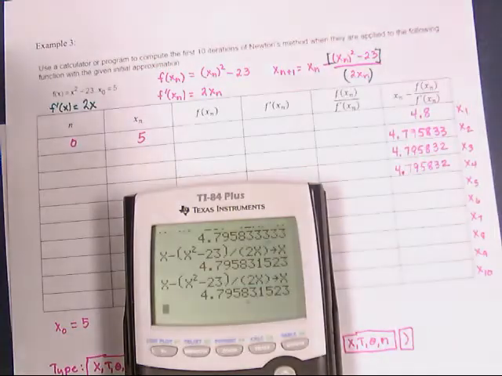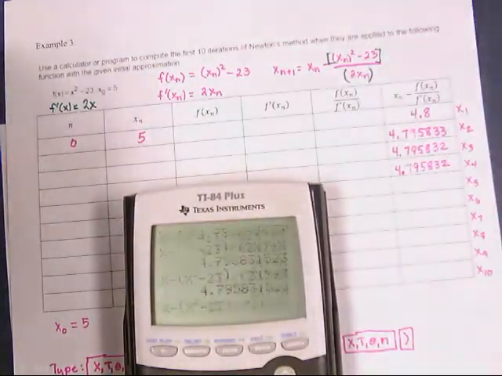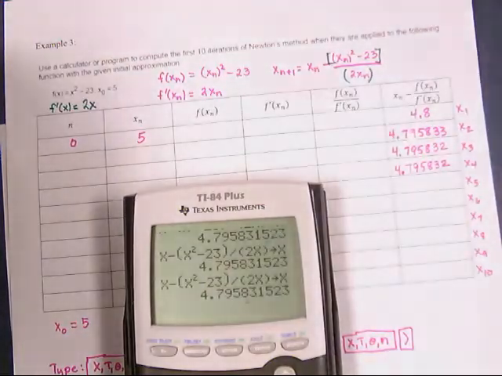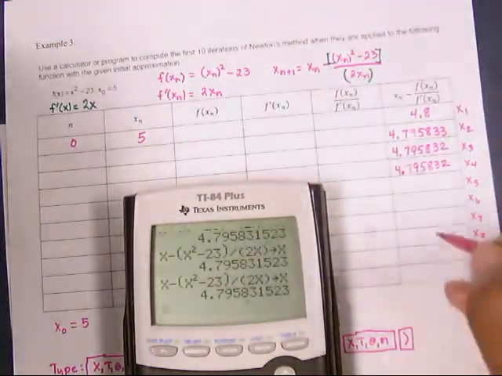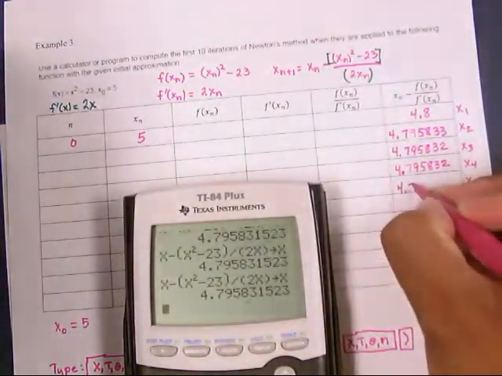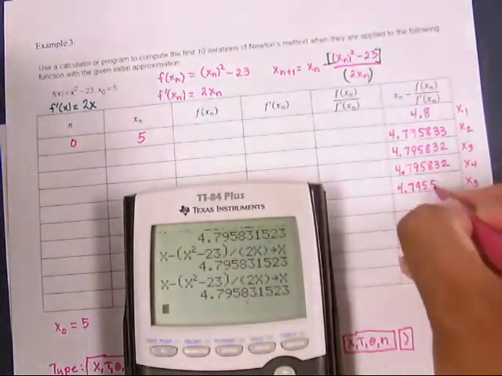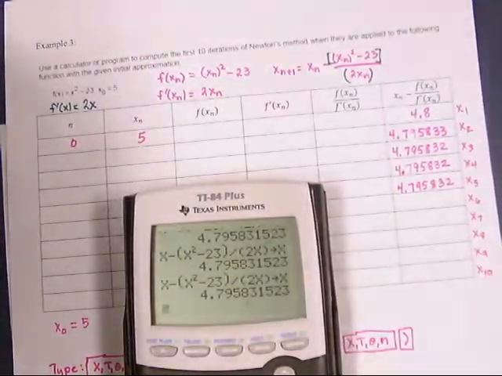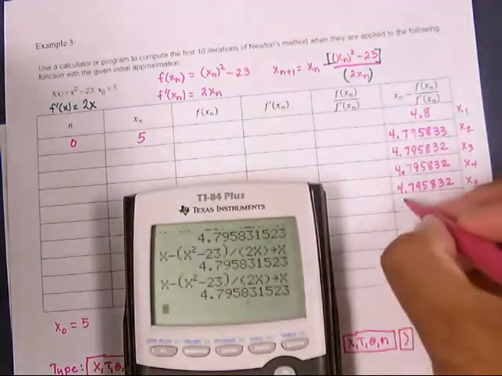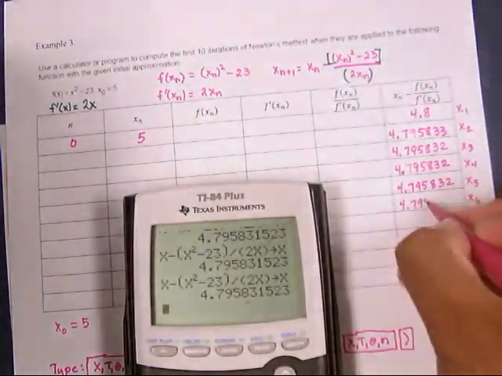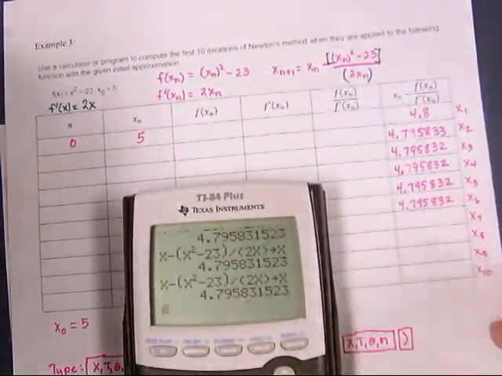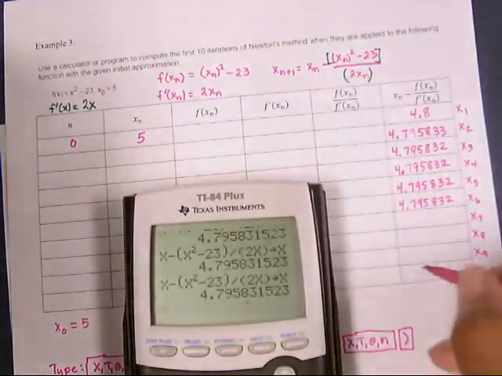So we know that's one of the zeros, but we're just dealing with this one right here for x sub 0 equaling 5. And we can keep doing that, and you can see that it's going to still remain the same. x sub 6, same thing. And then x sub 7, still the same thing.